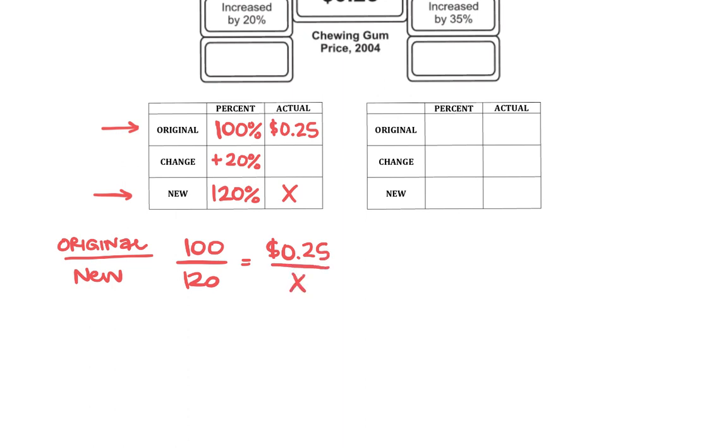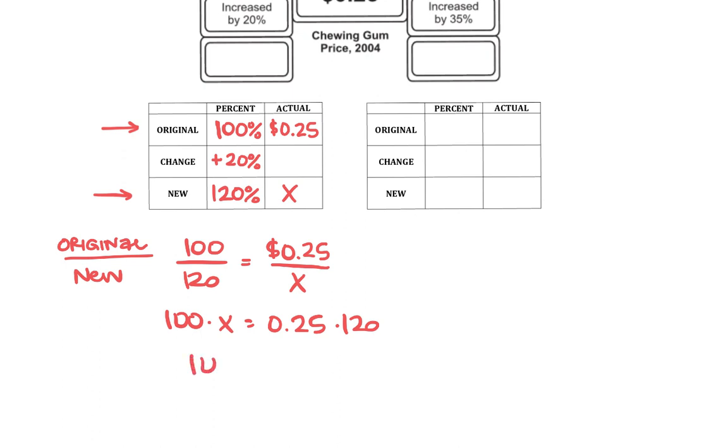Now we have our proportion, and we can just use cross products to solve this. So we've got 100 times X equals 0.25 times 120. Here's where you can use your calculators to do the multiplication.